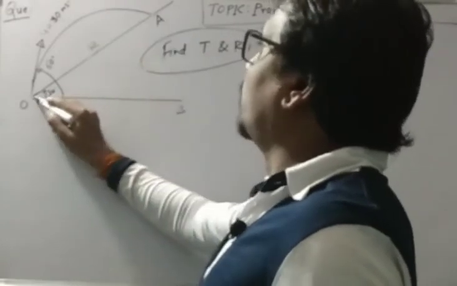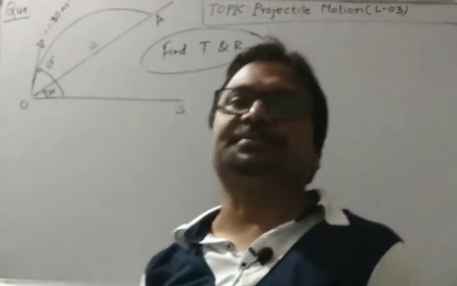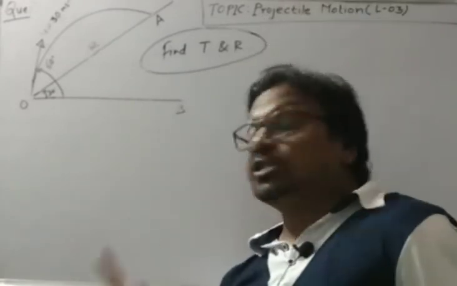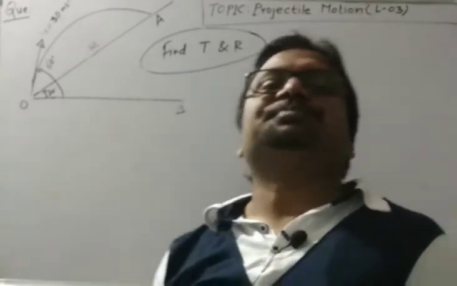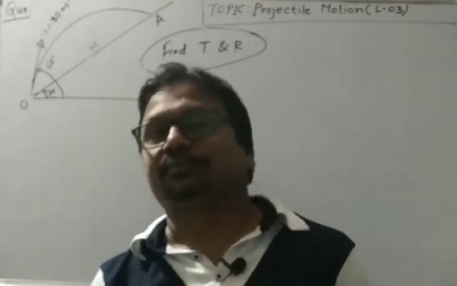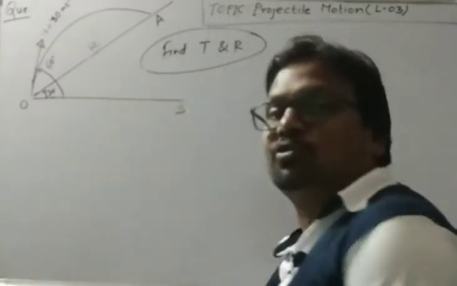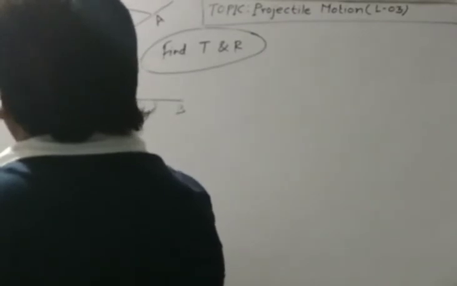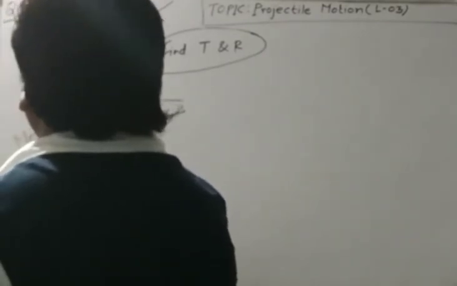This length OA is R basically here. Okay, dear. So, this numerical can be done with the help of two methods. I am discussing the two methods in sequence. So, let us discuss method 1.